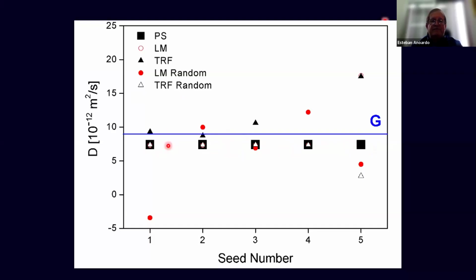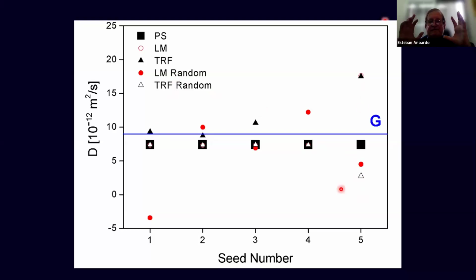It gives practically the same solution. Okay, and you see here the differences in how Levenberg-Marquardt is somehow reproducing the PS result when it's not so far from the solution, and then starts to fail, and also the TRF. You see the TRF here only works here and starts to fail afterward.